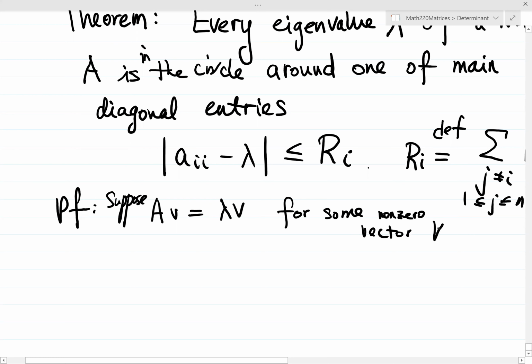Then if you write it in this form, A minus lambda I times v, where I is the identity matrix, equals 0.